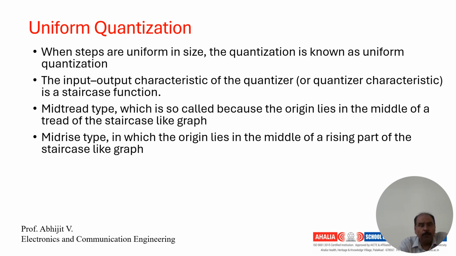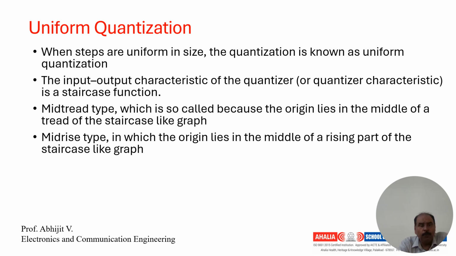The step size of the quantizer will be M max minus minus M max, divided by L, that is 2 M max by L. We are considering a uniform quantizer because we are dividing the range into equal steps.